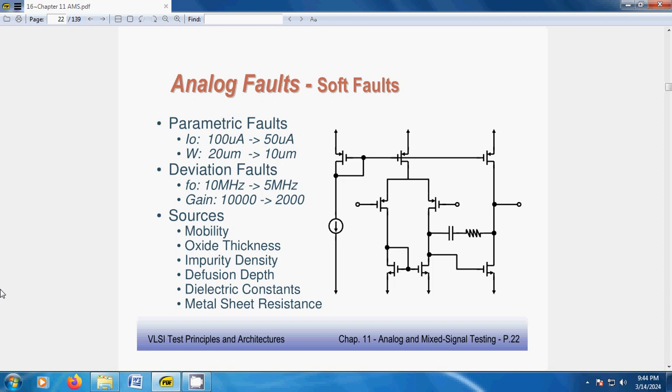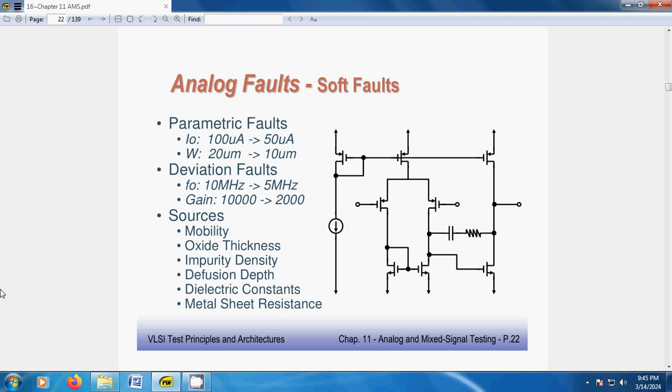For example, we have a W/L ratio for each and every transistor. Due to lithography problems, there may be a change in length and width of the transistor, which is called parametric faults.